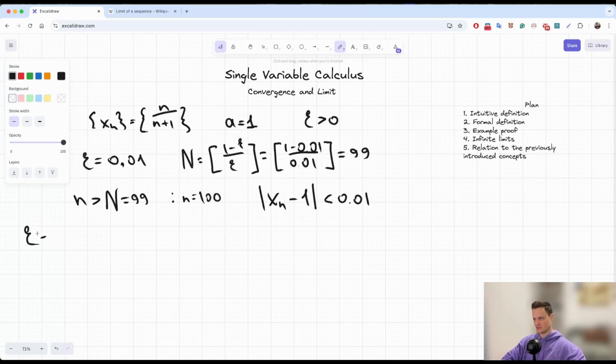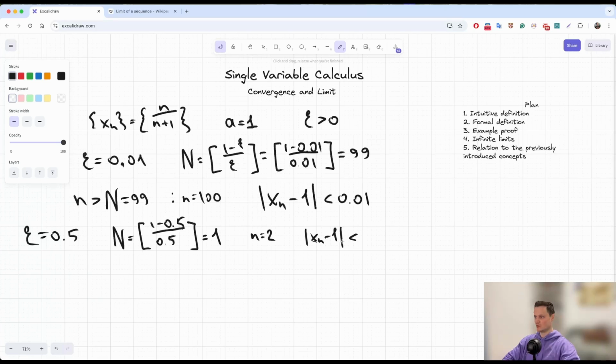And we can calculate the same for epsilon 0.5. n large will be 1, so starting from n equal to 2, x sub n will stay within the distance of 0.5 of 1. And we can actually see this. Let's calculate the actual sequence values. So when n is equal to 1, we can calculate the distance of the first element of the sequence to its limit.